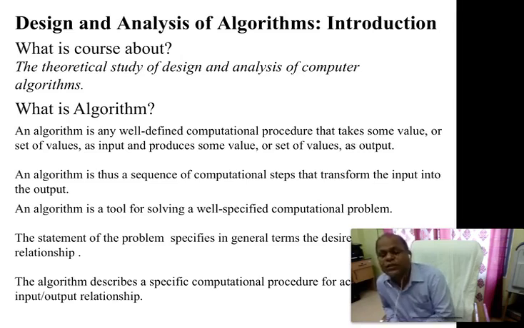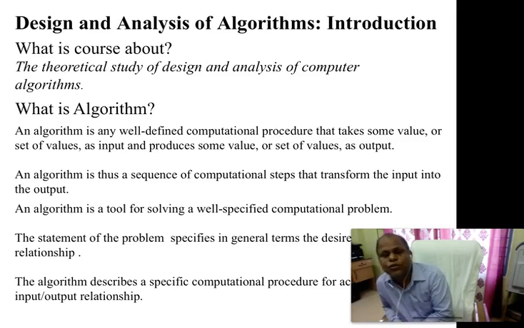In your data structures you have studied many algorithms, like tree insertion, tree deletion, and different graph searching or sorting algorithms. In that case, the problem is given, the input is known, and what output is required is also known, but how to solve it is nothing but the algorithm.